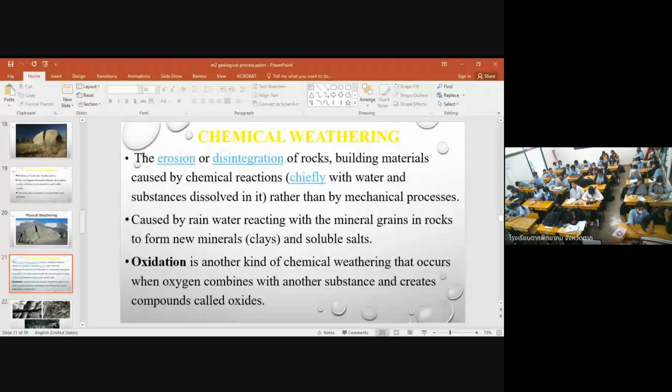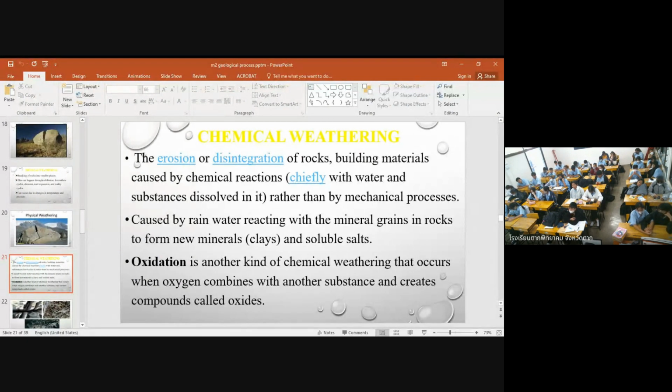We have chemical weathering. This is the erosion or disintegration of rocks and building material caused by chemical reaction, chiefly with water and substances dissolved in it, rather than by mechanical process.